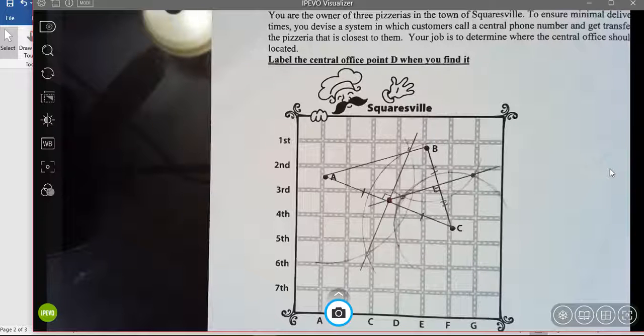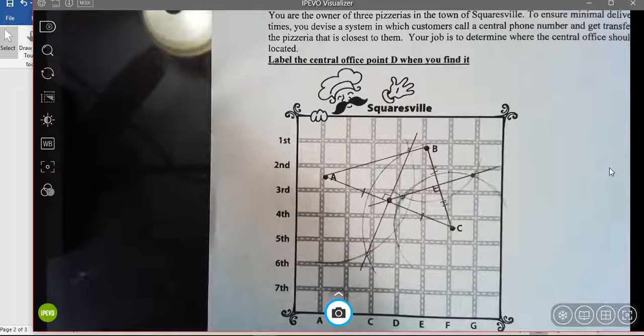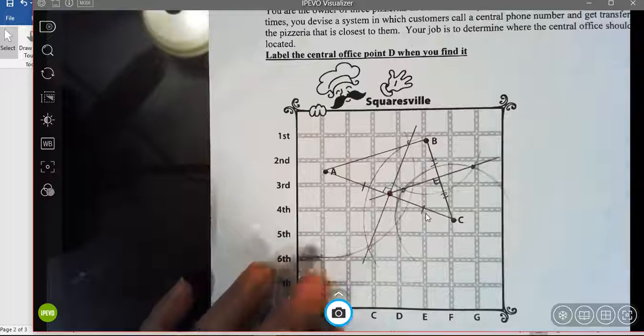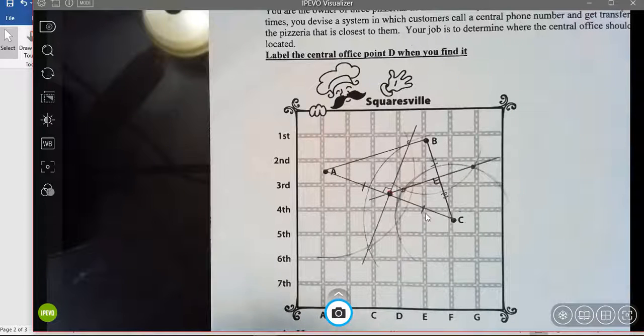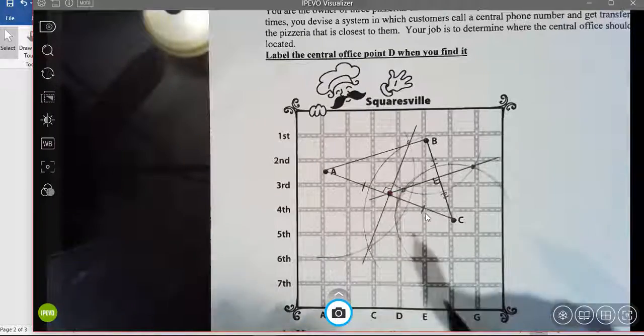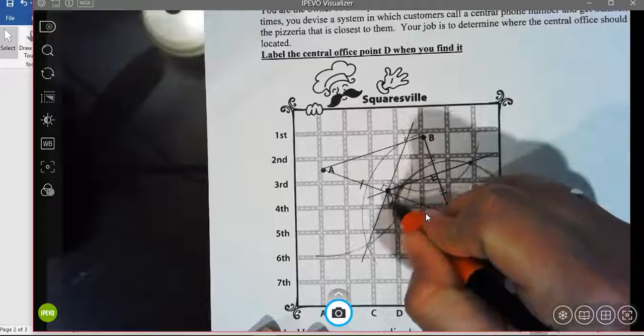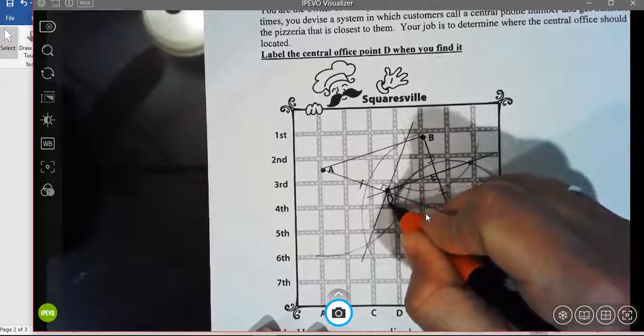Okay, oh, you can't really tell, but that is supposed to be red. I can see it's red here. And we know, by the way, to label that point D. So this is point D.